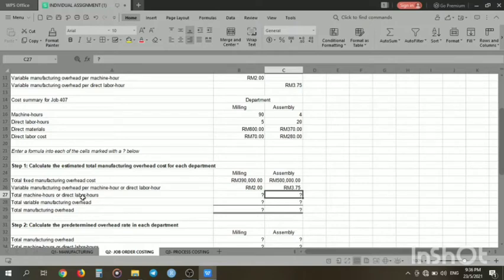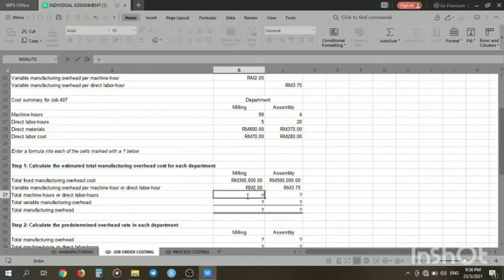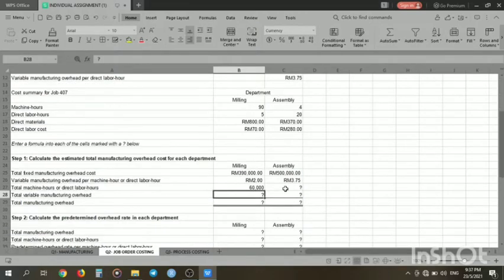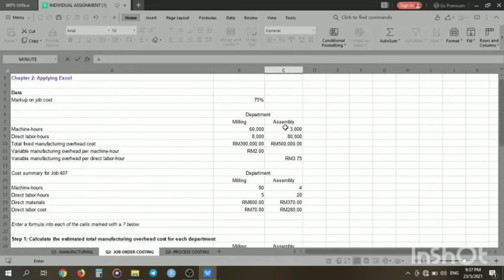For total machine hours or direct labor hours, the amount is 60,000 machine hours for milling and 80,000 direct labor hours for assembly.